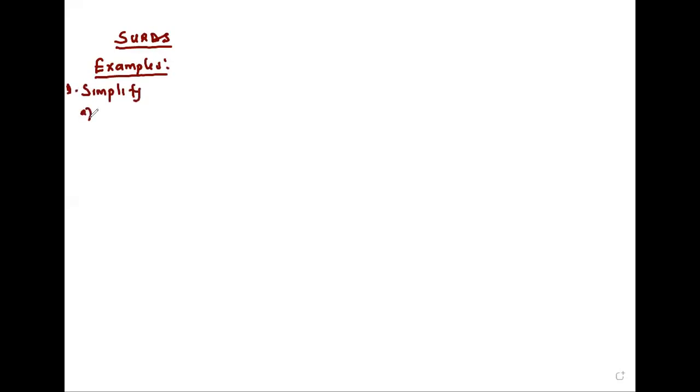A: 1 plus root 2 over root 3 minus root 2. B: 1 over the 7th root of 2.